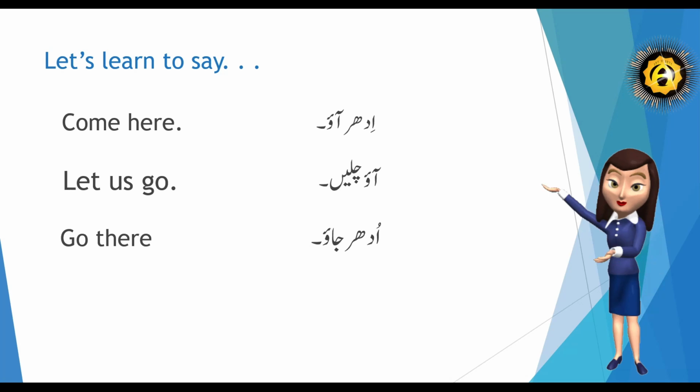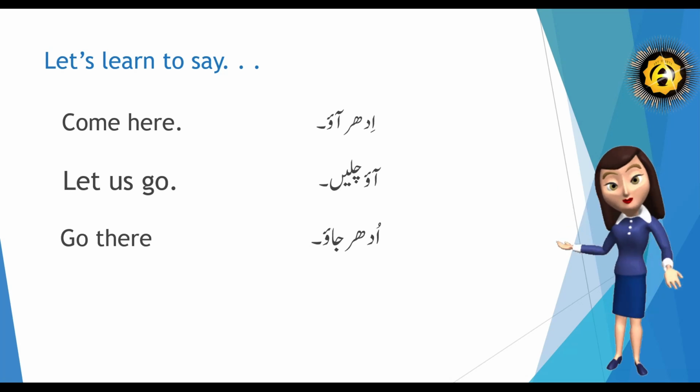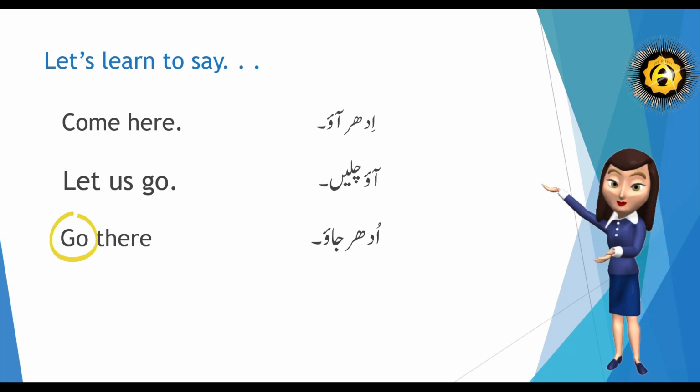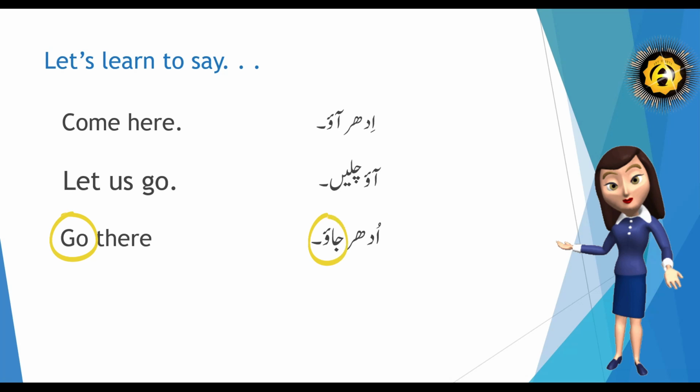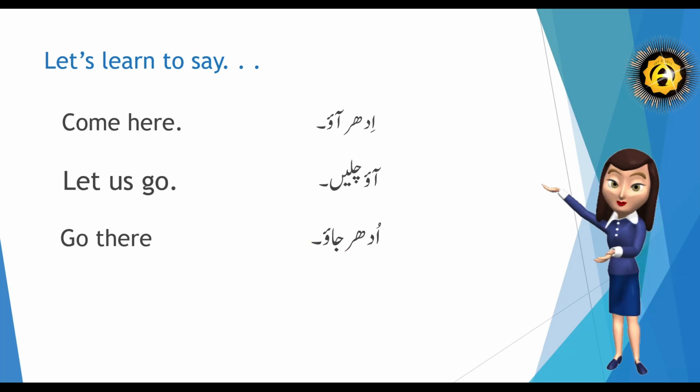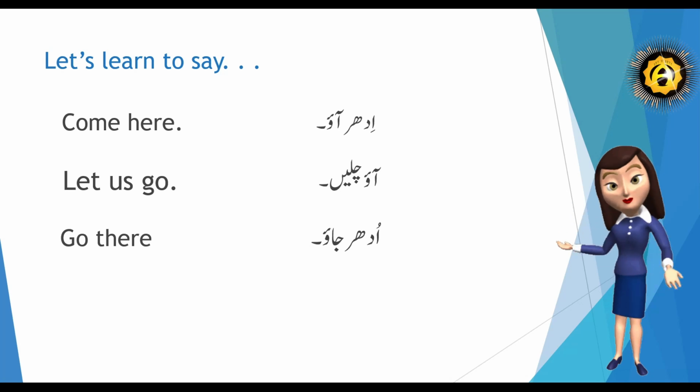Go there, उधर जाओ. I hope you do remember how to say go in Urdu. Go is जाओ. So go there, and in Urdu, udhar jao.